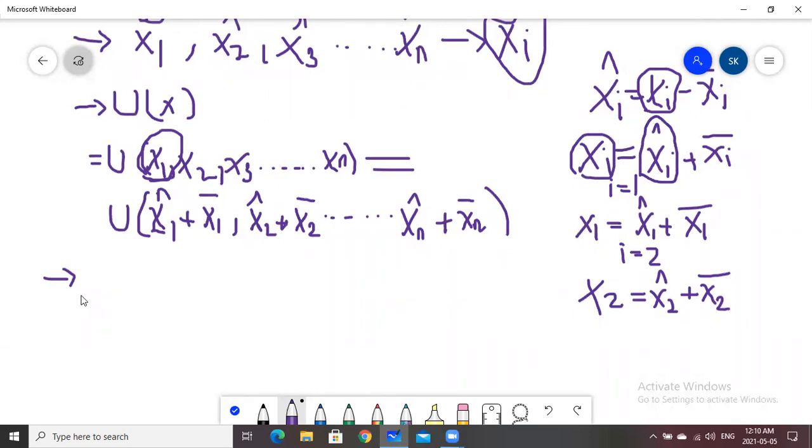Okay. So next we will have u of x1 hat plus x1 bar, which we have already written.